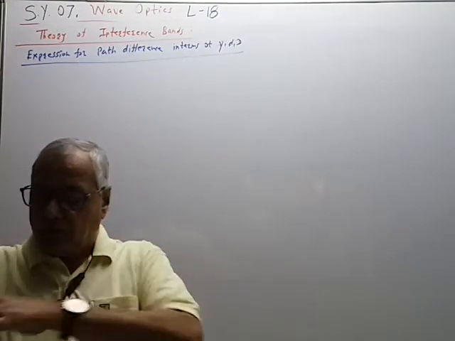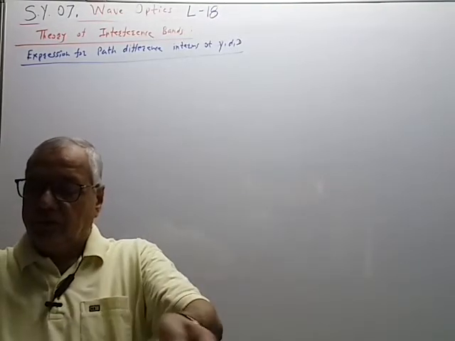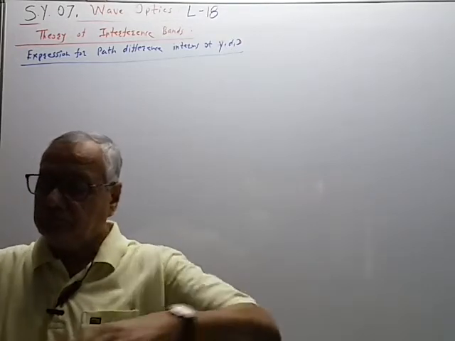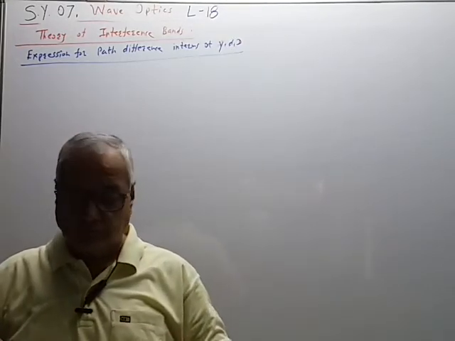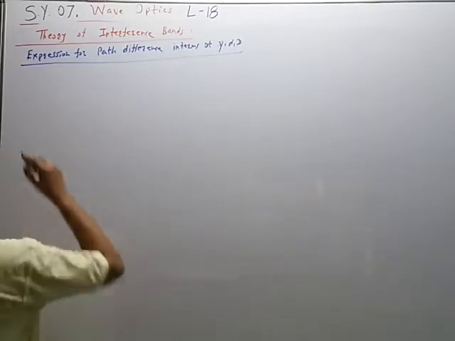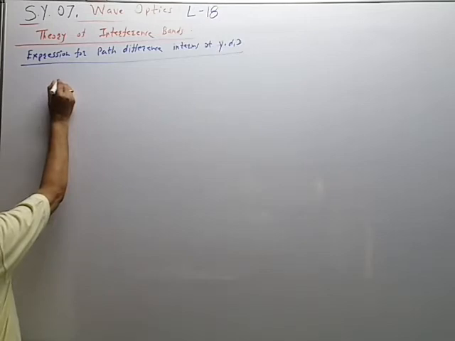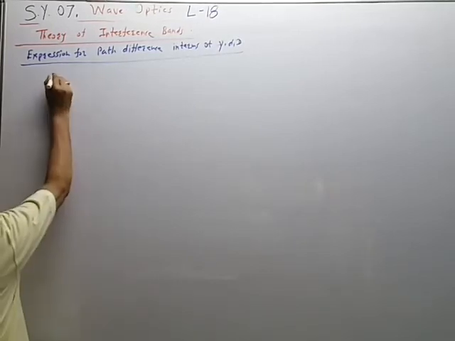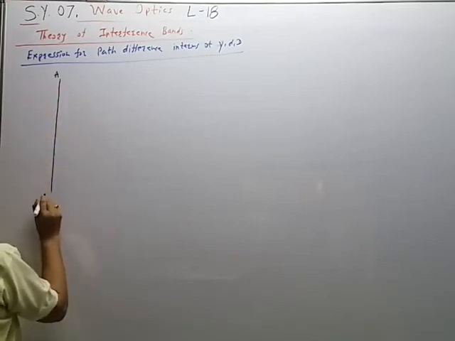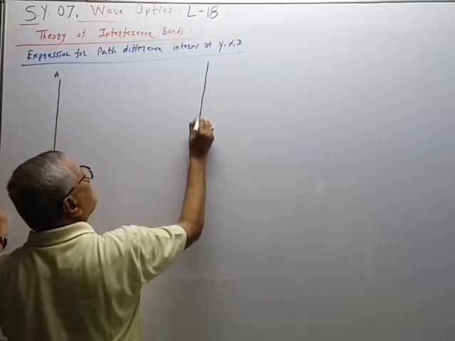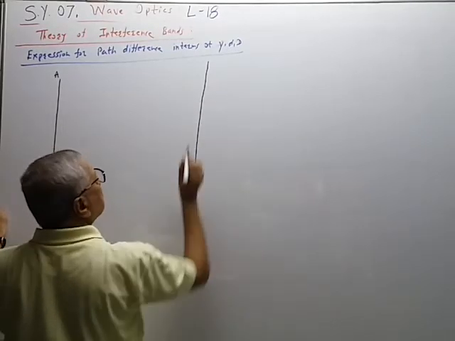So for that purpose, we are using this type of arrangement. Suppose this is the screen AB, and this is the screen CD. They are kept parallel to each other.